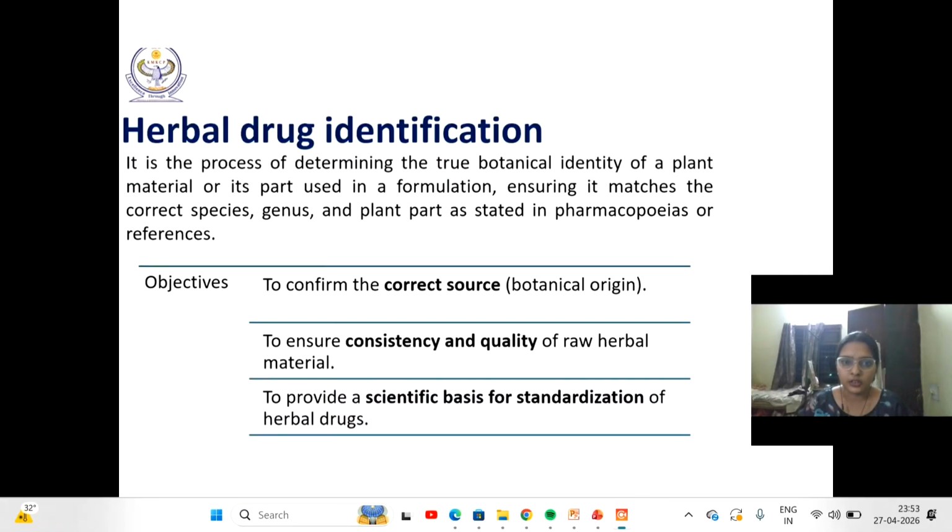So what are the objectives? To confirm the correct source, the botanical origin. To ensure consistency and quality of raw material. To provide a scientific basis for standardization of herbal drugs. These are the three objectives.